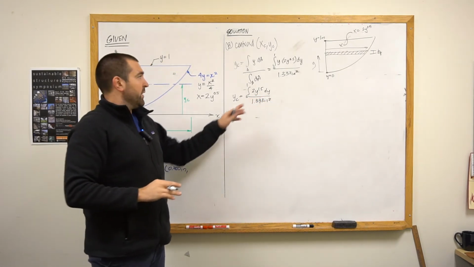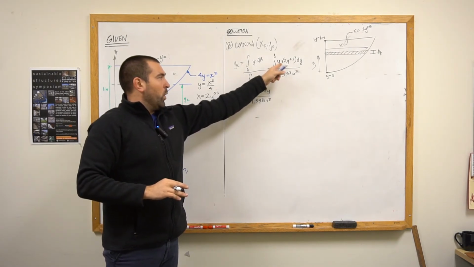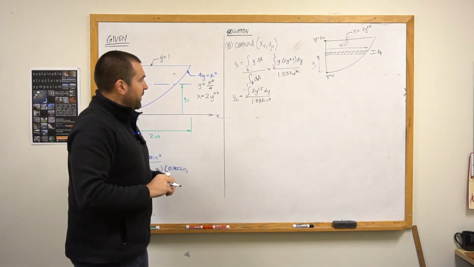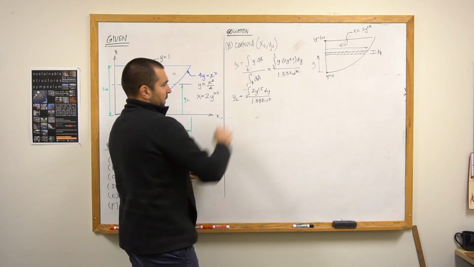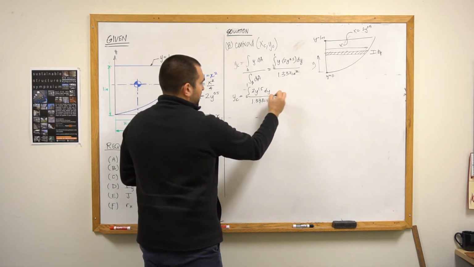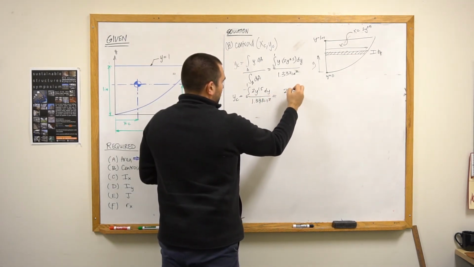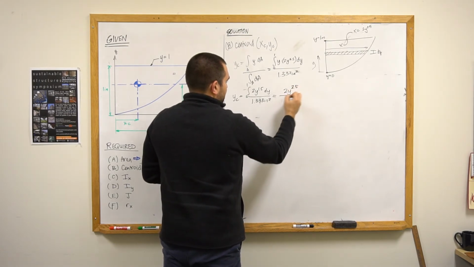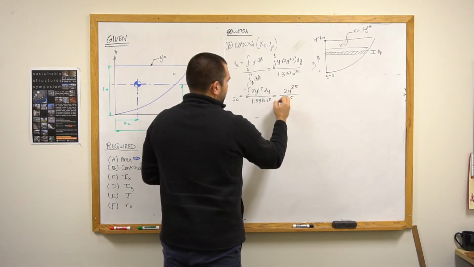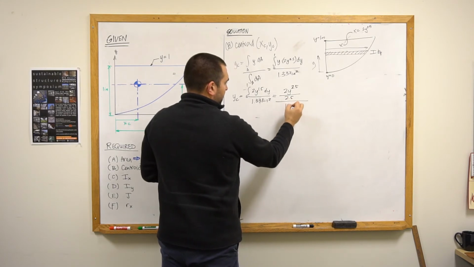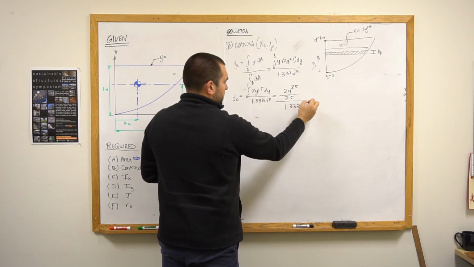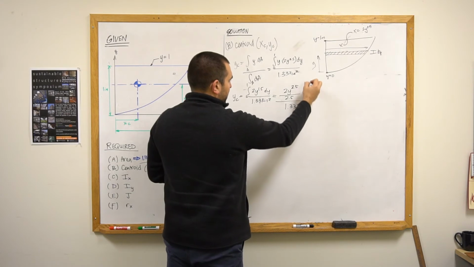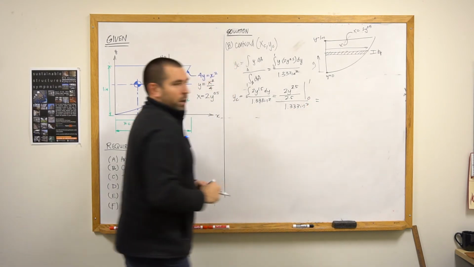And if I go ahead and evaluate that, again, it's still just the power rule, and I get y sub c equals the integral from 0 to 1 of 2 times y to the 1.5 power dy divided by 1.333 square inches. So all that I've done at this step is simply multiply y times 2y to the 0.5 power, combine them into a single term, and so when I do power rule, I get 2y to the 2.5 power divided by 2.5, the whole thing divided by 1.333 square inches, evaluated at 0 and 1.